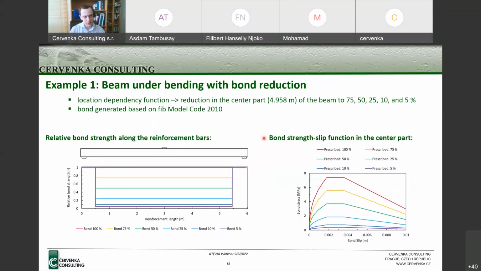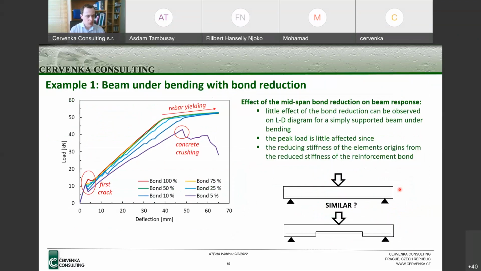Several cases were analyzed, either with a full bond or 75% of the initial bond, 50, 25, 10, and 5% of the initial bond strength, which means that the bond slip function was modified in this kind of way.